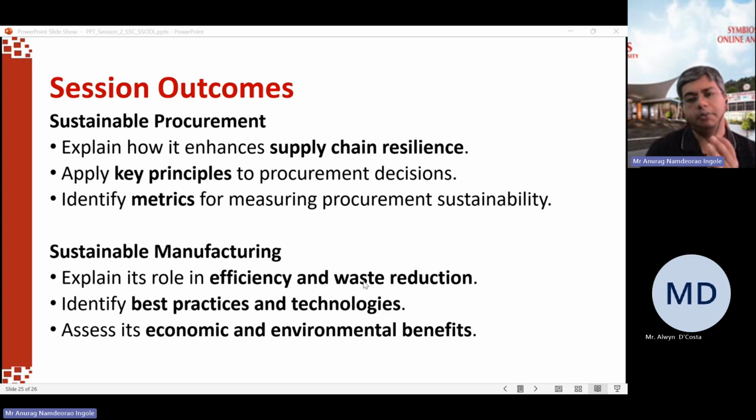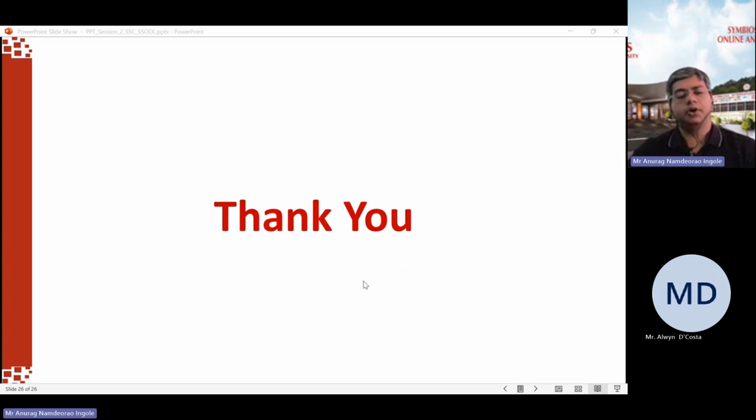Then under sustainable manufacturing, what is sustainable manufacturing, what is its role in efficiency and waste reduction, which are the best practices and technologies or strategies we can use for going towards sustainable manufacturing, and then we tried to assess its economic and environmental benefits.